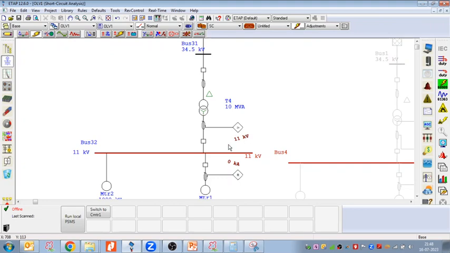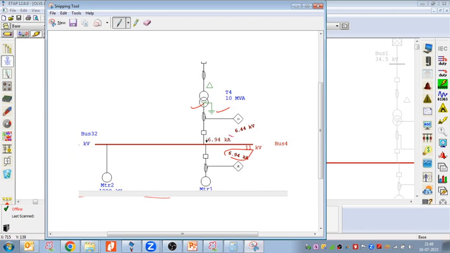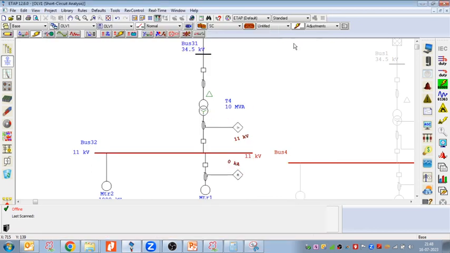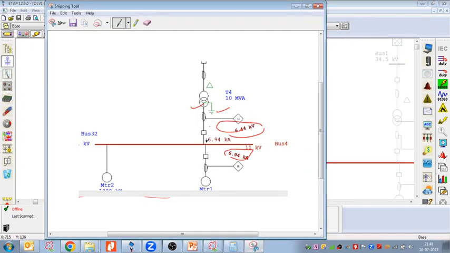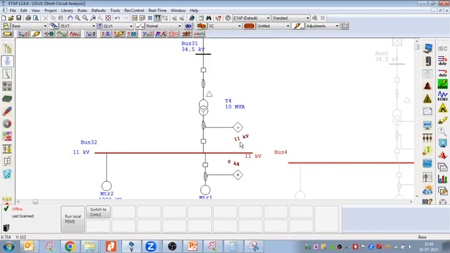And your voltage changed from 6.4 kV to 11 kV. The voltage jumped, right? It means that on each phase initially 6.4 kV stress was coming, but in this case 11 kV stress is coming on each phase.